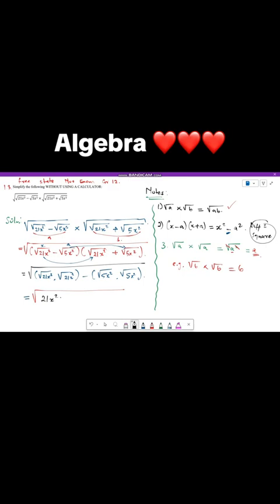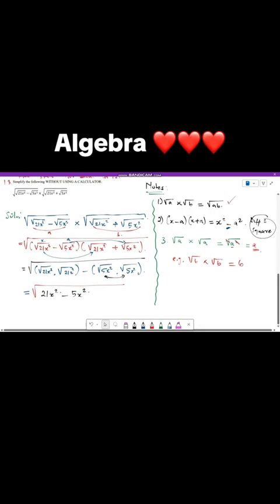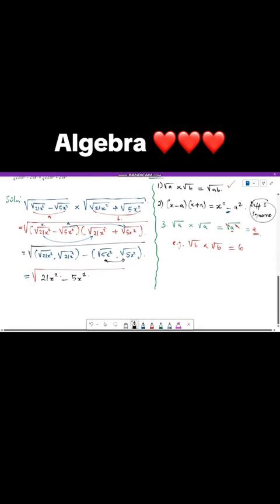Then this will be minus. If we take the very same thing here, the product of these two radicals, the solution will be the inner quantity. So we'll have our 5x squared. Okay, so I can see that you guys are now seeing the light.